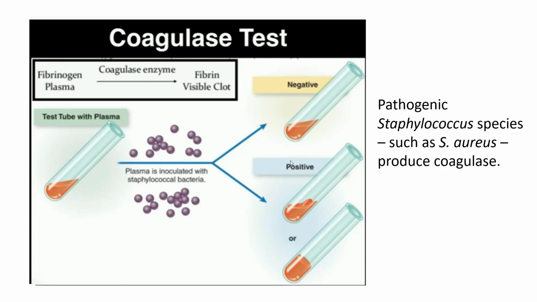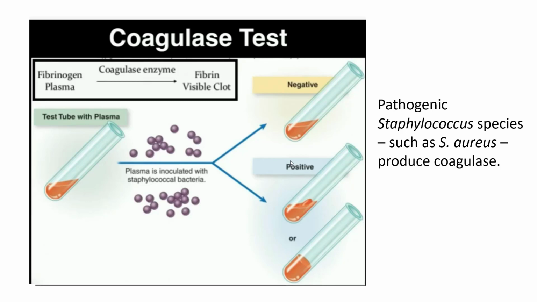So one way that you can distinguish between Staphylococcus aureus and Staphylococcus epidermidis is to inoculate your species of Staphylococcus into a test tube with serum. Now serum is going to be plasma that has been defibrinated, or the clotting agents have been removed.